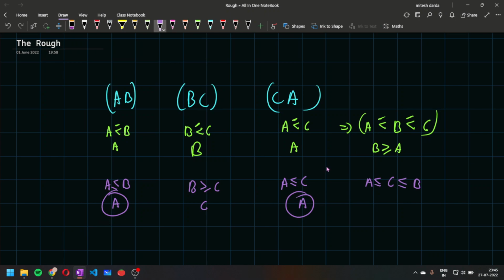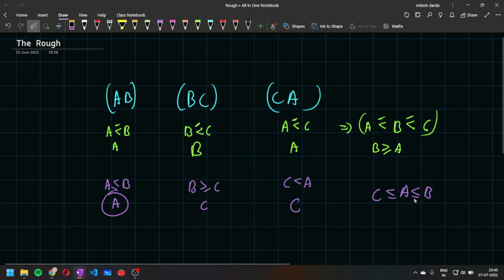Now let's look at another case where we would have something like this. Here, let's say we are getting C. That means that C is less than A. So we have something like this: C is less than or equals to A is less than or equals to B. This means that the A value should be greater than or equals to C. So this is like the second condition, and these two values should be equal.